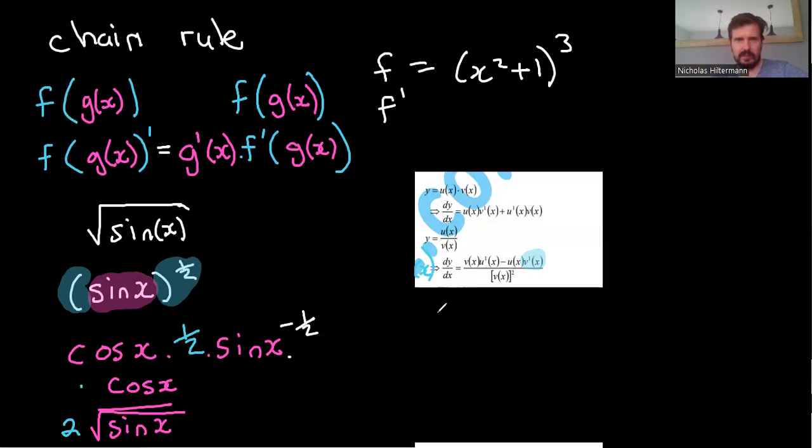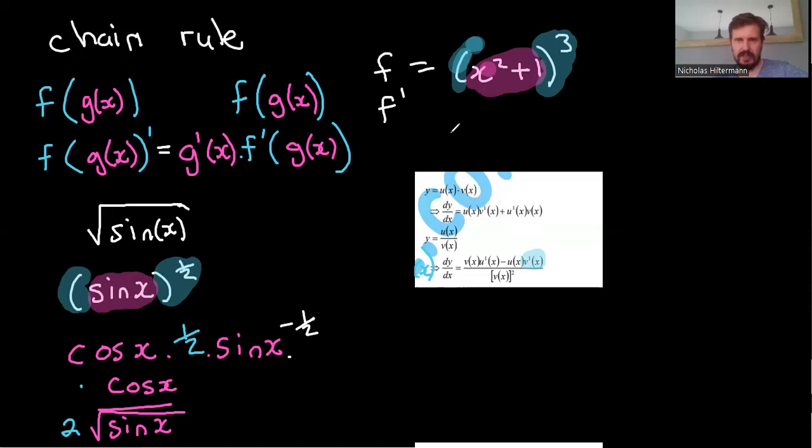Well, our chain rule is we're looking for an outside and an inside. So our outside is this. Okay? And our inside is this. And the reason I'm calling it the inside-outside rule is because if I imagine that I've got an outside and an inside, I'm going to derive the inside and then derive the outside.